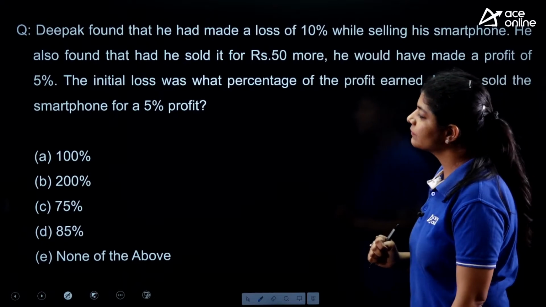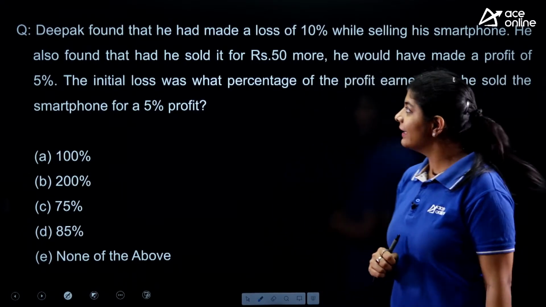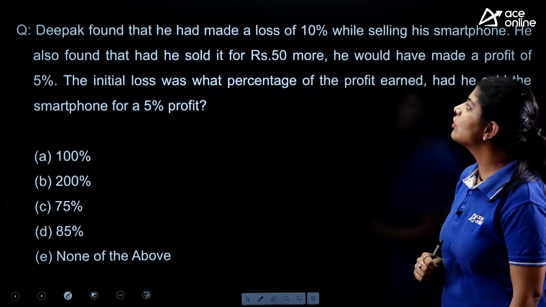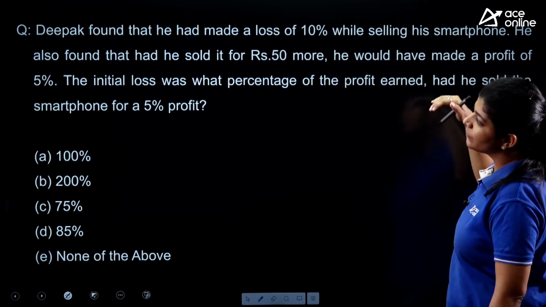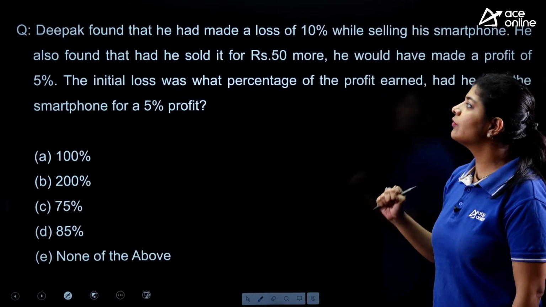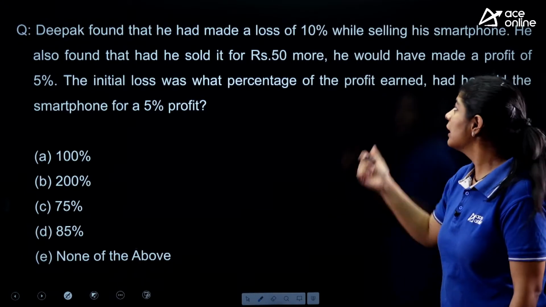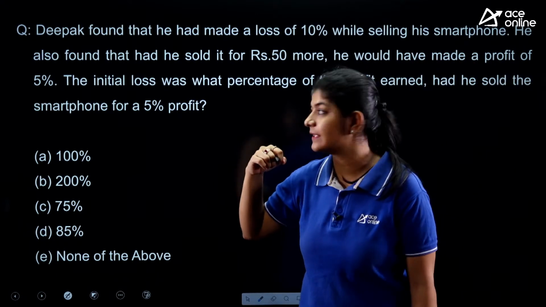Next. The next question says that Deepak found that he had made a loss of 10% while selling his smartphone. He also found that had he sold it for rupees 50 more, he would have made a profit of 5%.